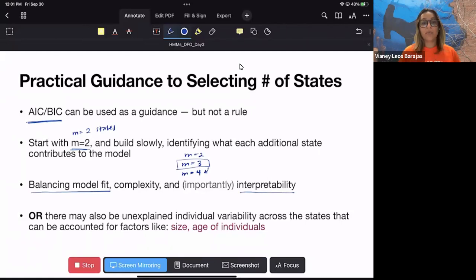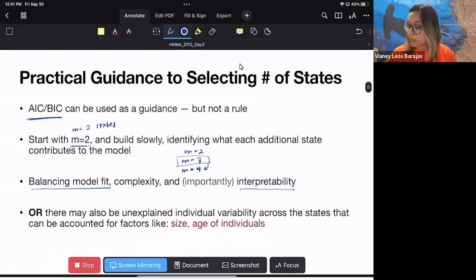So generally, when we build hidden Markov models for animal movement, there are reasons for keeping things on the simpler side of not implementing hidden Markov models with too many states. And in tutorials, we can talk about what this actually means in practice.